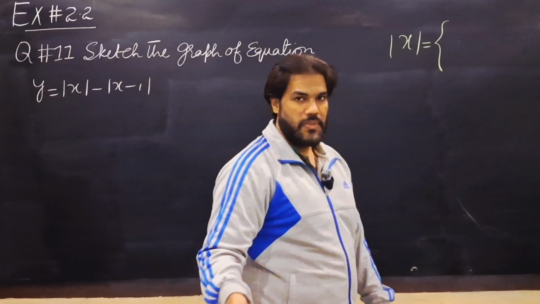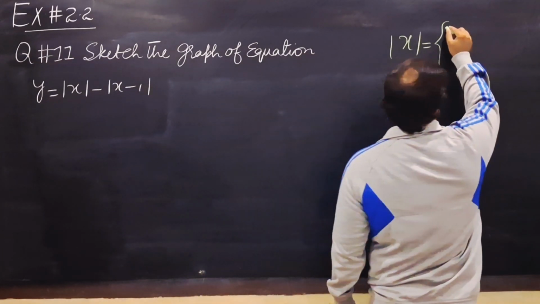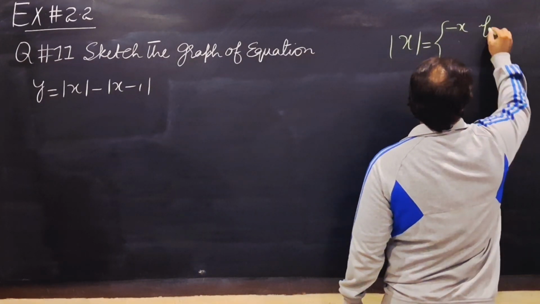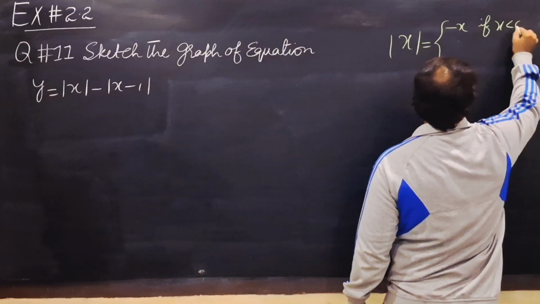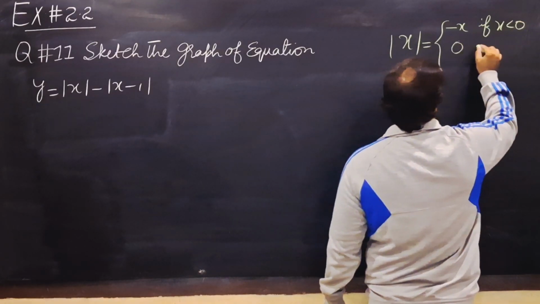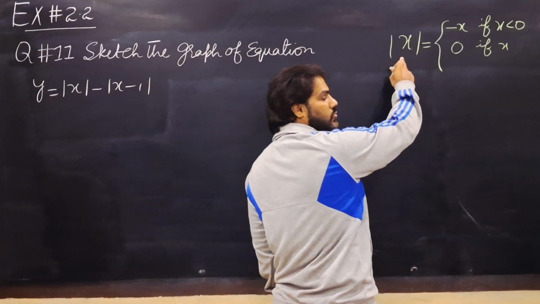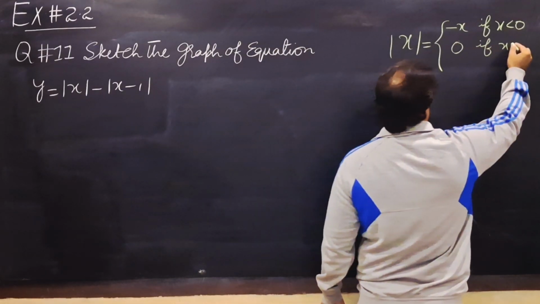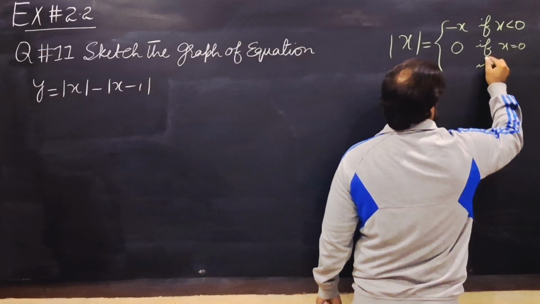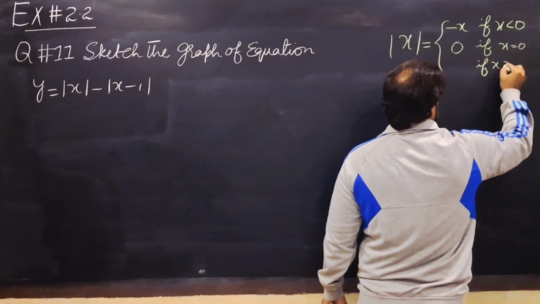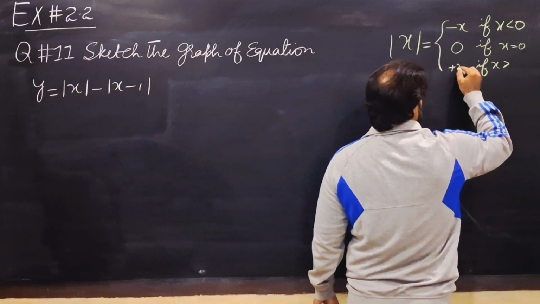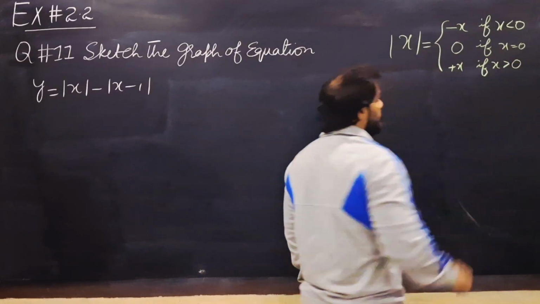It consists of three parts. Its value is negative x if x is negative. Its value is 0 if x is equal to 0. Its value is positive x if x is positive.